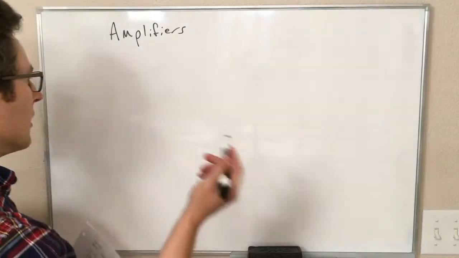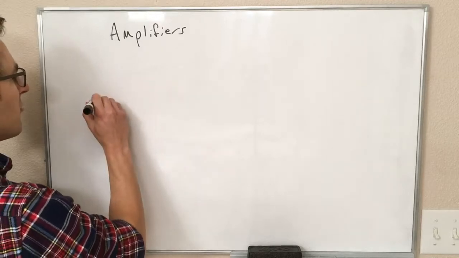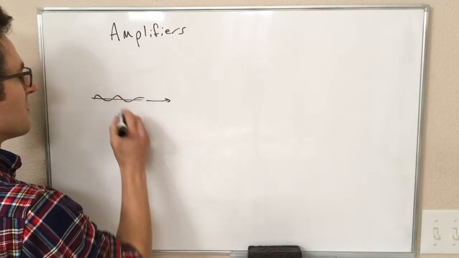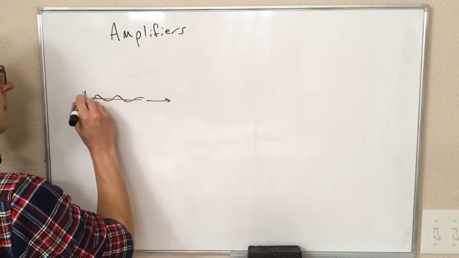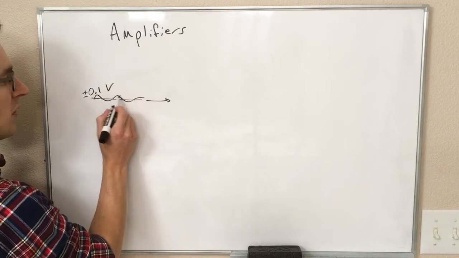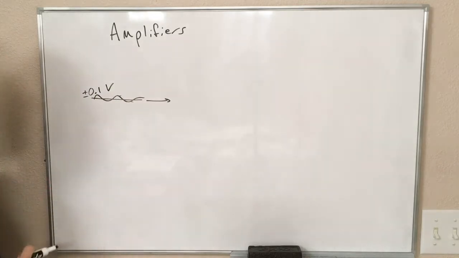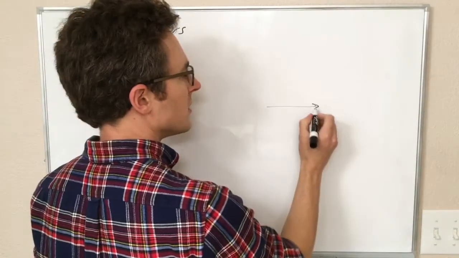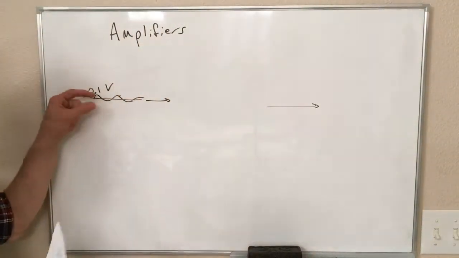So like we've seen, let's say we have an AC signal that we are inputting into some circuit, and maybe this is plus or minus 0.1 volts. So it's a 0.1 volt amplitude. But we're going to use that somewhere else, and we would like it to be bigger, right? This is a small voltage difference.